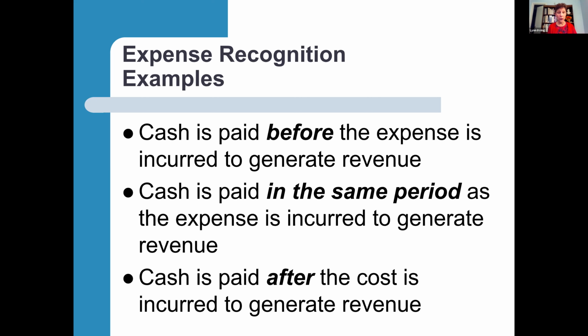They've worked for you, but payday isn't until Monday, but the end of the period is Friday. You've got to recognize that expense on Friday, right? You've already incurred that cost to generate the revenue, even though you're not going to make that payment until Monday. So once again, you've got to stay within the boundaries of this accrual accounting in order for it to make sense.